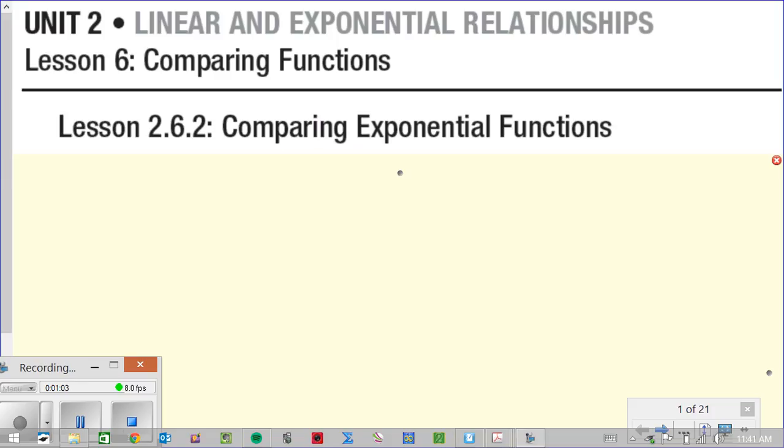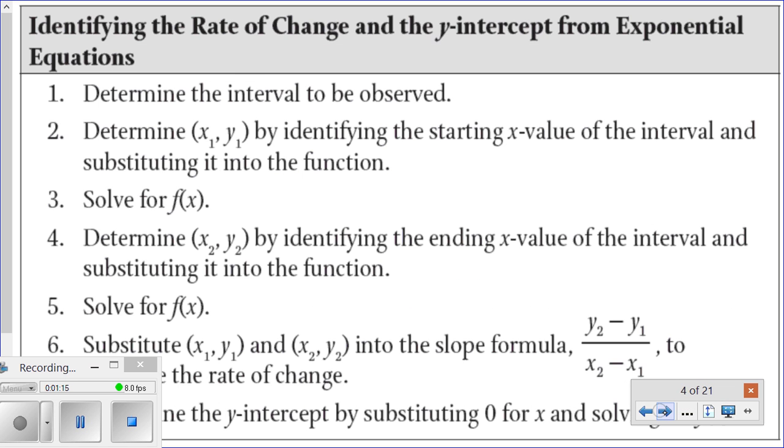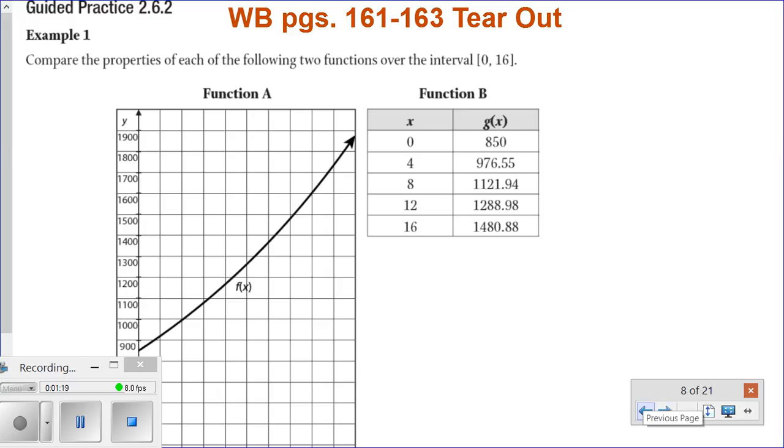So the first thing I want you to do, if you have your workbook at home, is go get your workbook. So you can pause the video and go get your workbook. We need to get to page 161 and 163. If you don't have your notebook, don't worry about that. I've got the problems here on the smartboard.